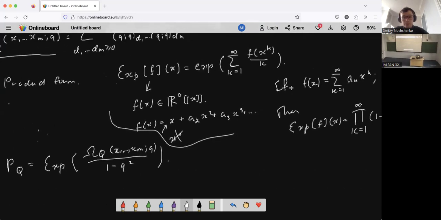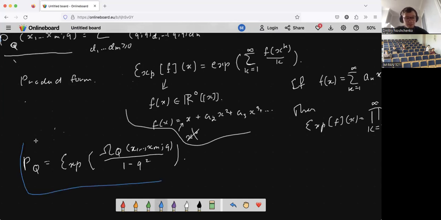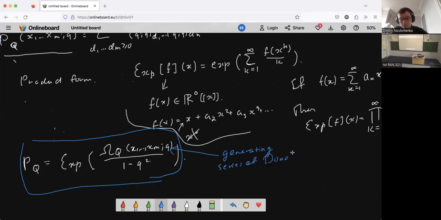And now it's very important. This is basically the second definition of the quiver series, where this object inside the exponent, omega_Q, is called the generating series of Donaldson-Thomas invariants of Q.